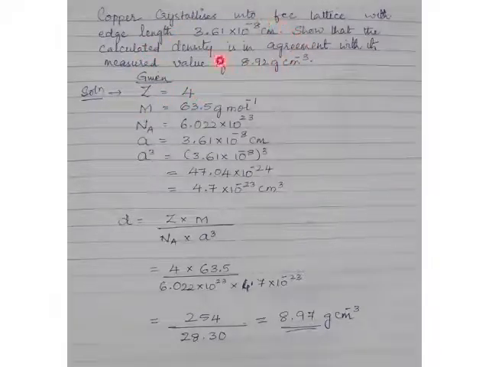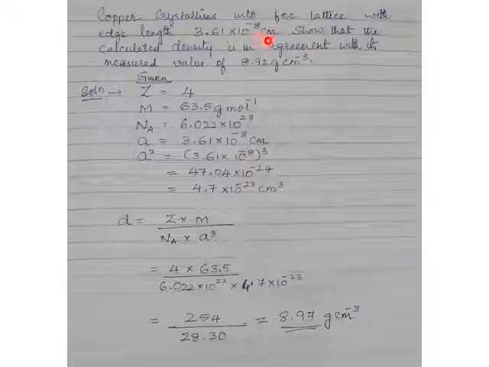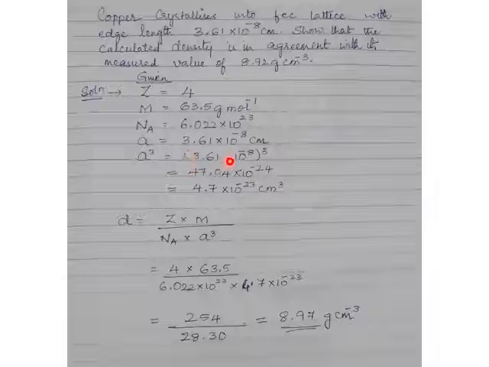Molar mass is not mentioned, but we can take its molar mass. The atomic mass of copper is 63.5. So we can take M is equal to 63.5 gram per mole. Na value and a value. Directly now they have given 3.61 into 10 raised to minus 8 centimeter. So no need of changing here, directly you can take a cube. 3.61 into 10 raised to minus 8 the whole cube.